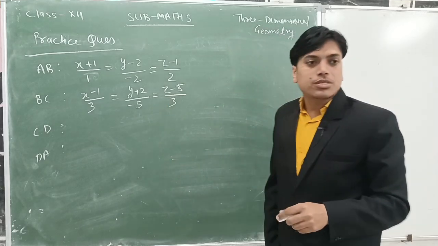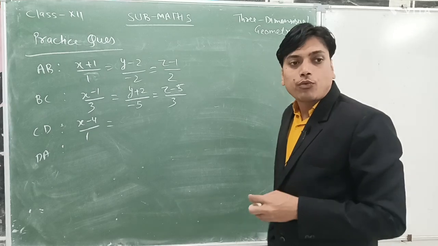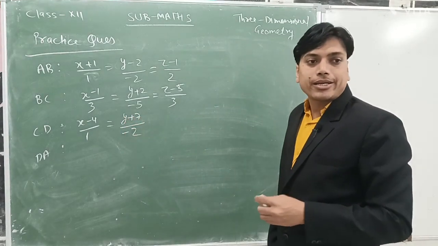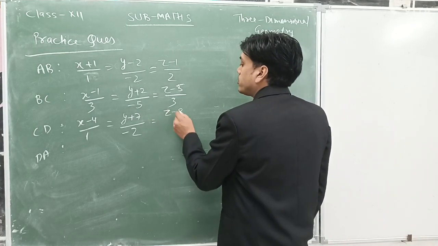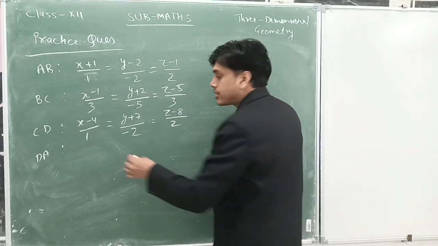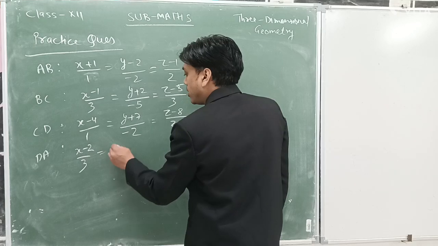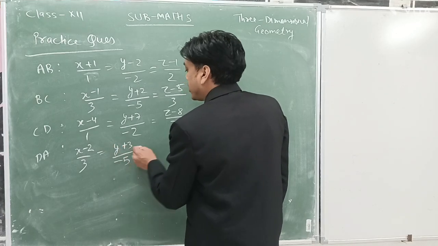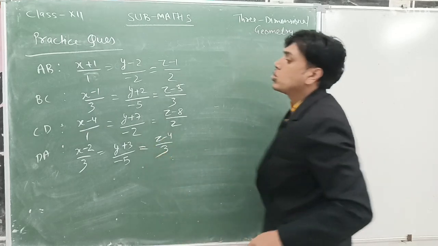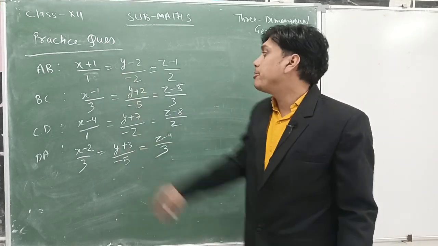Similarly, the equation of CD is (x minus 4)/1 is equal to (y plus 7)/(minus 2) is equal to (z minus 8)/2. And the equation of DA is (x minus 2)/3 is equal to (y plus 3)/(minus 5) is equal to (z minus 4)/3. So these are the equations of the lines of the sides of a parallelogram ABCD.